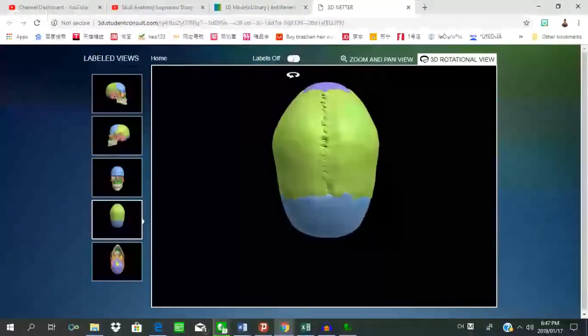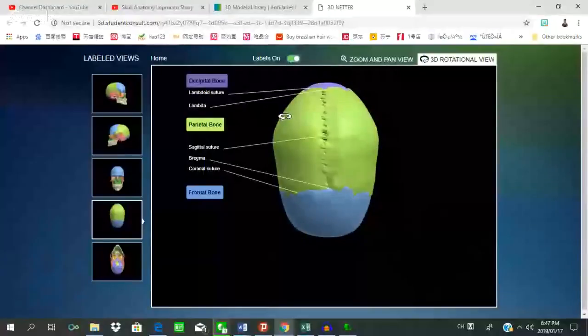Right, okay. Looking at it, just as I was saying, with the occipital bone, you have the lambdoid suture, and they're really points of potential weakness, areas where previously there had been fontanelles.